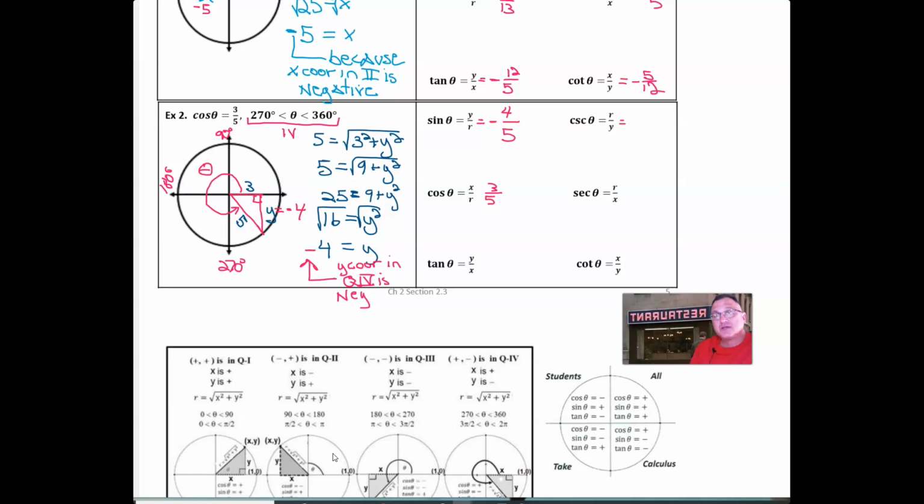So this is going to be -5/4. This is going to be +5/3. And my tangent value is going to be -4/3, y over x, and cotangent would be negative x over y. And there's my ratios.